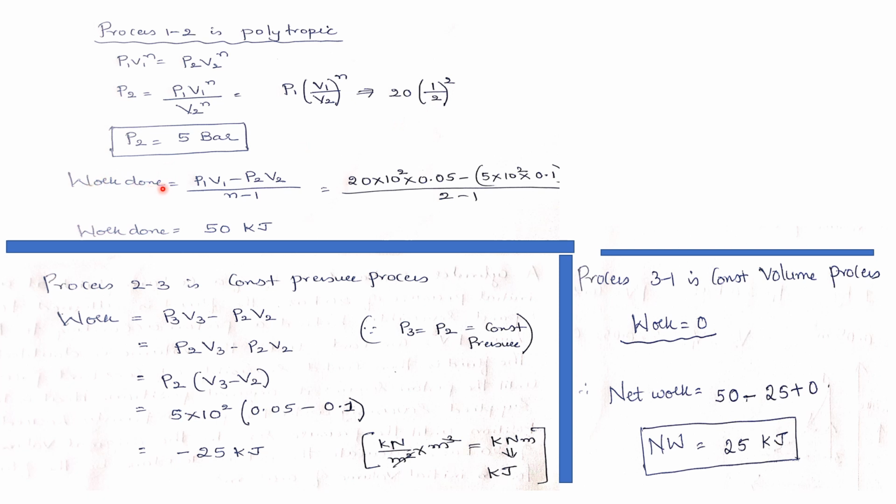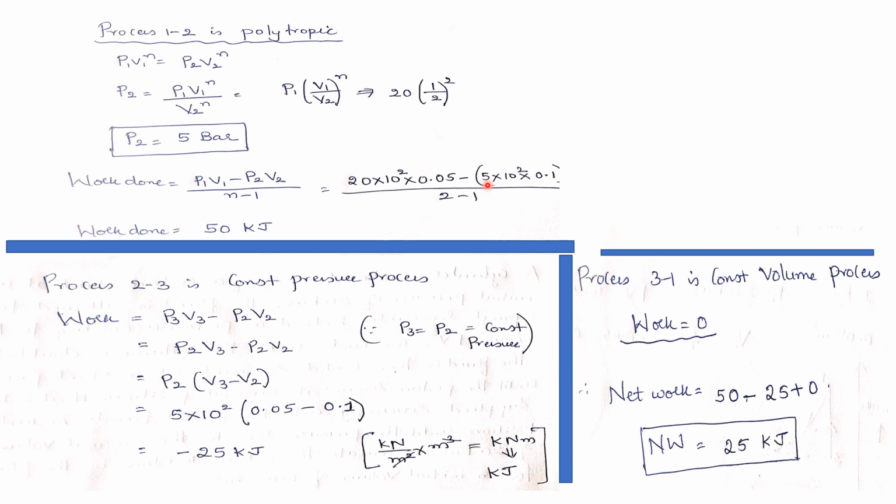Now the work done. This is the formula to calculate the work done during a polytropic process: P1 V1 minus P2 V2 divided by n minus 1. P1 is given in bar, so I will convert this bar into kilonewton per meter square. So this will be 20 into 10 to the power 2 kilonewton per meter square into volume V1, 0.05 meter cube, minus P2.